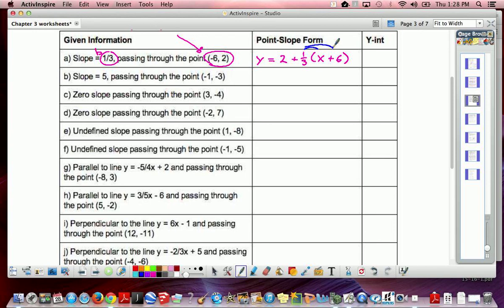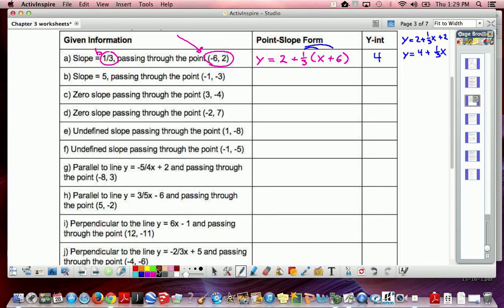So when I distribute that 1/3, I have y equals 2 plus 1/3 x. 1/3 times 6 is plus 2. Now I can combine like terms. 2 plus 2 is 4, so I have 4 plus 1/3 x. Now it's in slope-intercept form. I know the y-intercept is actually just 4.